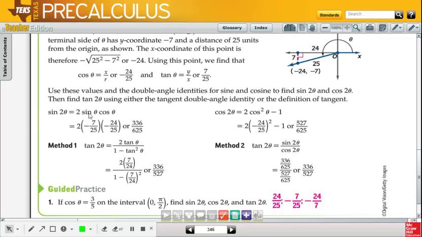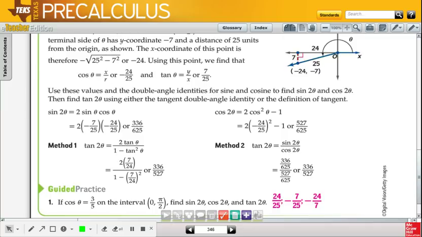If you have found the value for sine 2 theta and cosine 2 theta, then you simply plug it in. Since it's a fraction divided by another fraction, write it as a division of fractions, and then change it to a multiplication of fractions. When you multiply and simplify, you're going to get 336 over 527.